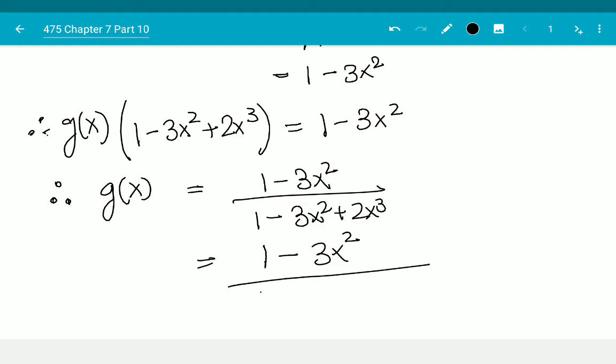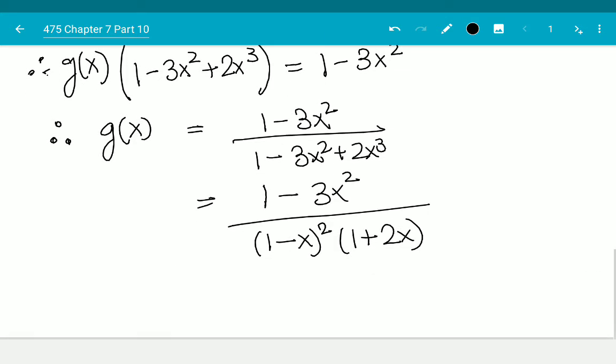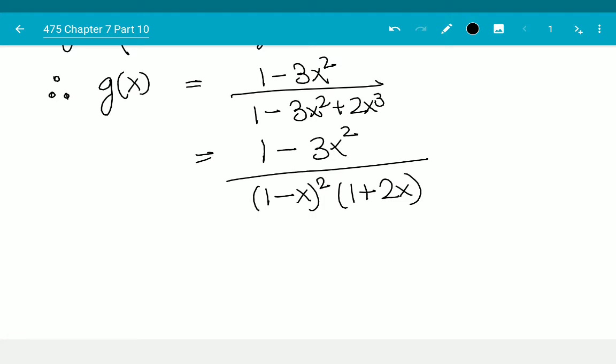Let me factor the denominator: 1 minus x squared times 1 plus 2x. And this I can now decompose by partial fractions, which you should have studied in Calc 1 or Calc 2. I don't remember which covers it, but one of the calculus courses.